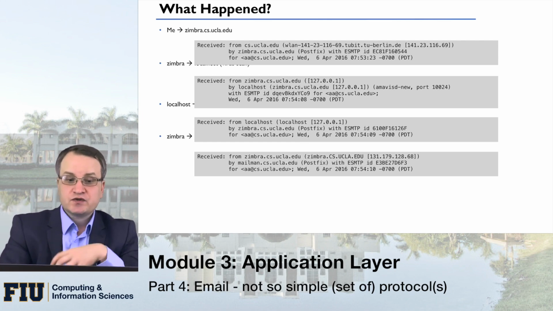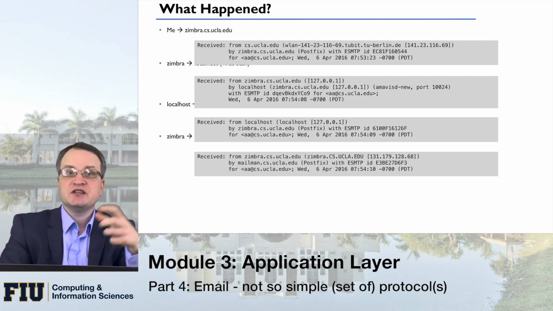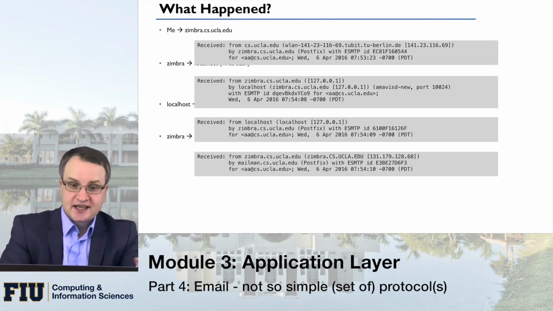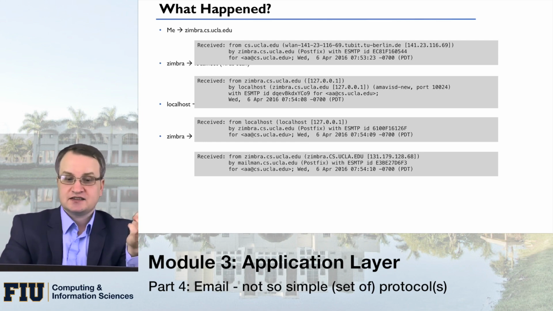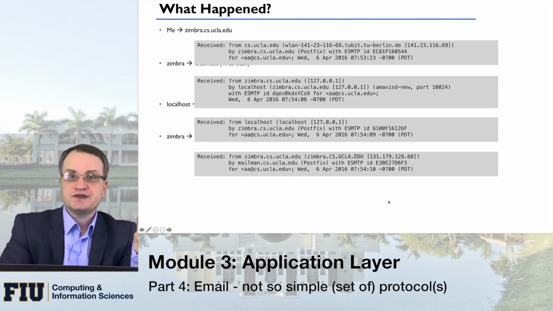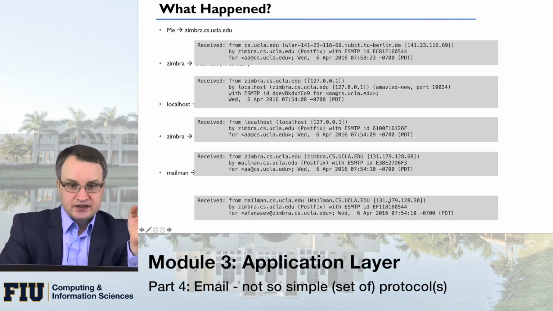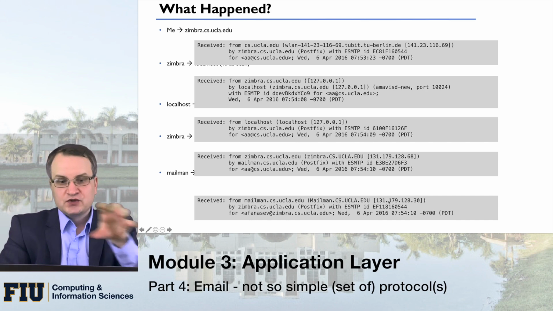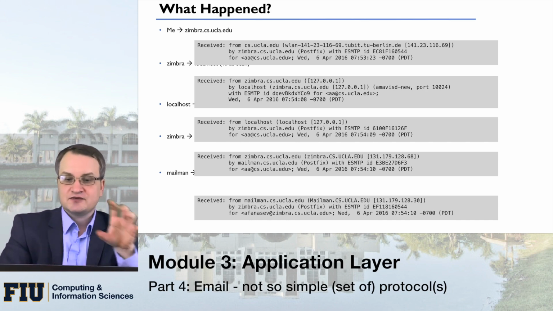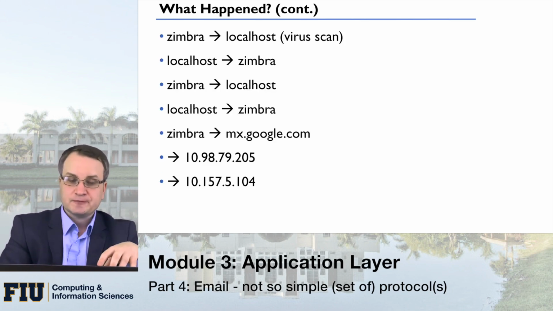Then finally the message got delivered to some other server, again inside the UCLA service. It's still getting internal processing, but this time I'm guessing it's outside this antivirus processing, and again, it went to yet another mailbox, yet processed, and so forth and so on.